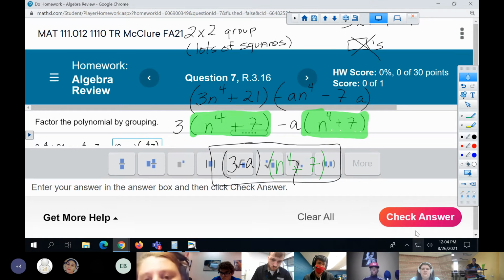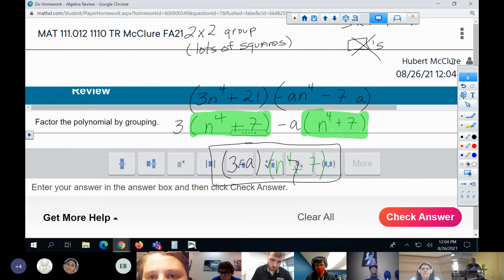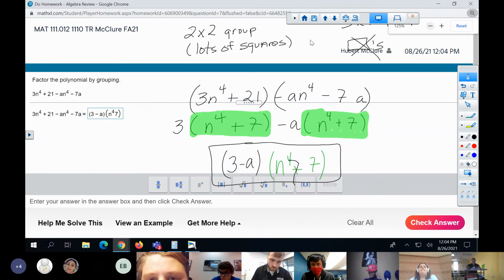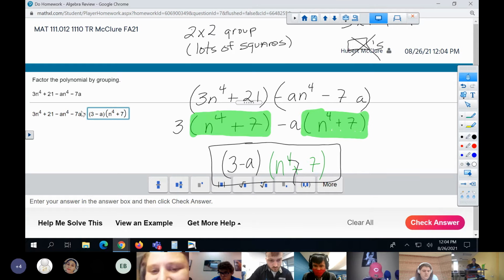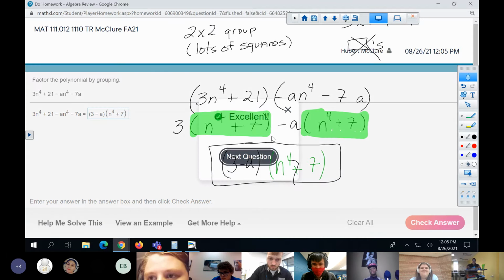I hate. Hold on a second. I'm about ready to quit. 3 back-to-back classes and I'm about ready to quit. N to the fourth, let me fix that. Plus 3 back-to-backs, I'm ready for some moonshine. All right, 3 minus a and n to the fourth plus 7, or whatever Miss Hernandez was drinking. There we go. And I feel good about myself, so I don't have to put stupid stuff on my truck.